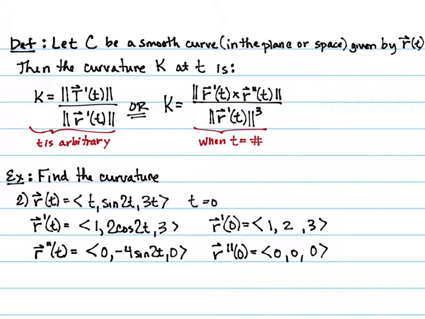What do you think is going to happen when you do the cross product with the 0 vector? It's going to be 0. So this one works really nicely to do. Actually, let me write it all. So this is the r prime of 0 cross with the r double prime of 0. So like you guys said, that's the 0 vector.